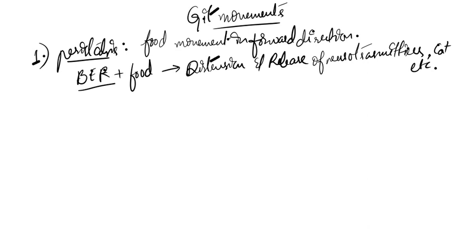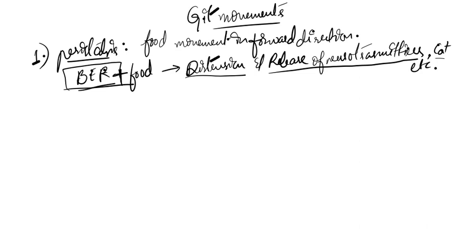This basal electrical rhythm we studied yesterday, which was produced by the duodenum, the most powerful BER producer. How much? 12 per minute, right? Lowest is cecum, 2 per minute, right? So basal electrical rhythm when accompanied with food obviously leads to distension and release of neurotransmitters as well as calcium, etc.